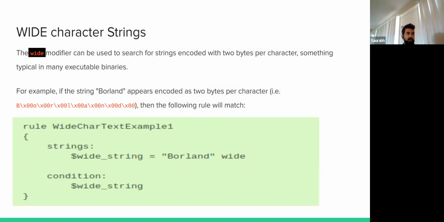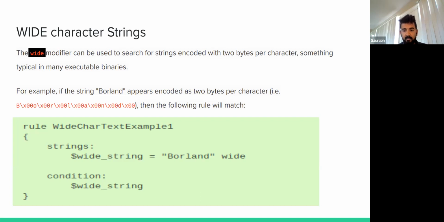Talking about wide character strings. A wide character is basically a computer character data type that generally has a size greater than the traditional 8-bit characters. The increased data type size allows the use of larger coded character sets.